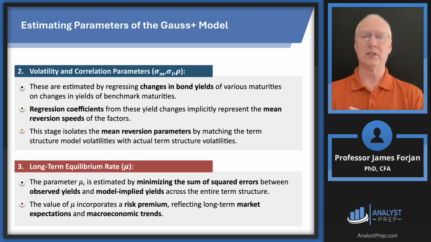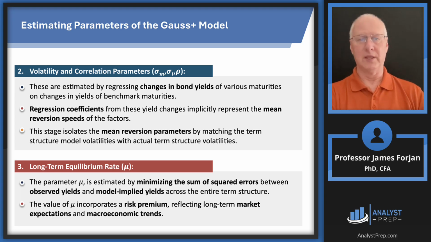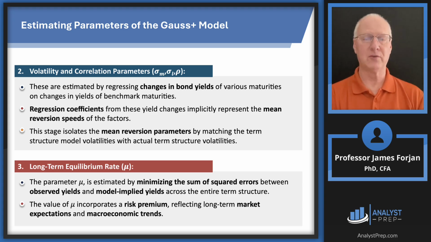What we're going to do is the same thing. We're going to make these exact same regressions. We're going to try to interpret these regression coefficients. But the way this works is in the following manner. What these authors did is that they observed the volatilities in the term structure. They ran the model with lots and lots of changes in yields on zeros and changes in yields on the benchmark.